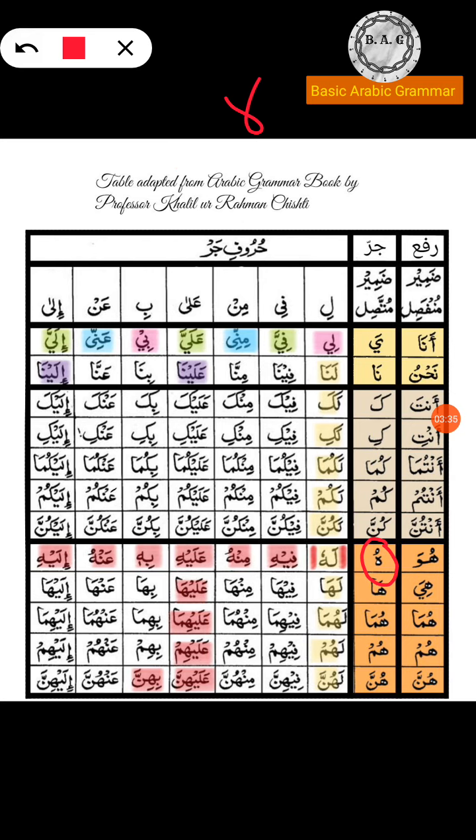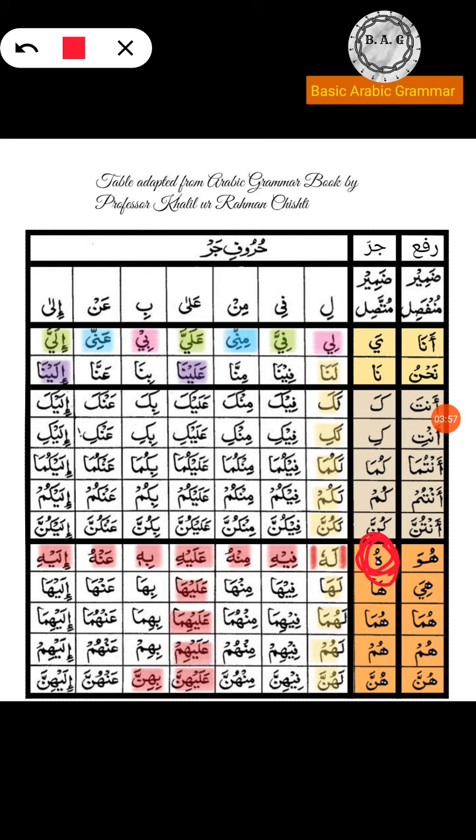That is, the ha of the attached pronoun is either going to carry a kasra, the he sound, or it's going to carry a u sound. What were the cases? These were the cases.